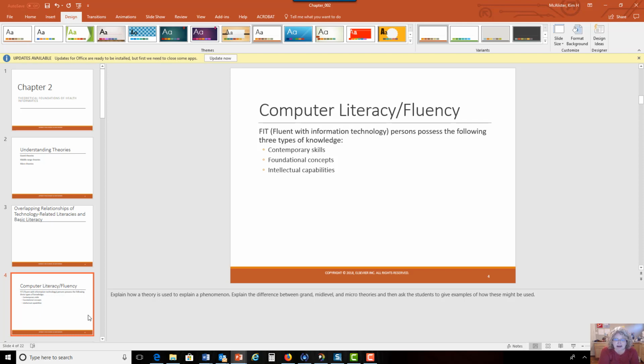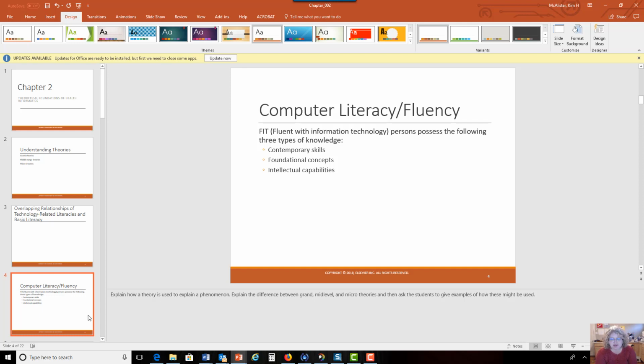Intellectual capability is the ability to take IT and apply it to actual problems and challenges, things that you would see in everyday life. That would be like evaluating a website for their accuracy of medical information or of medication, that kind of thing.